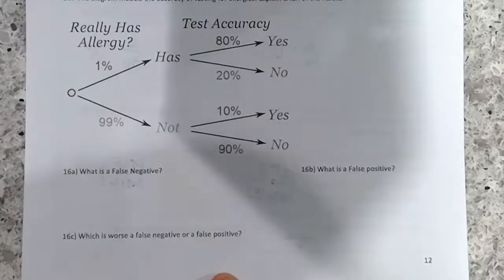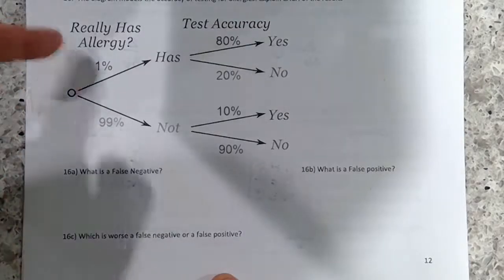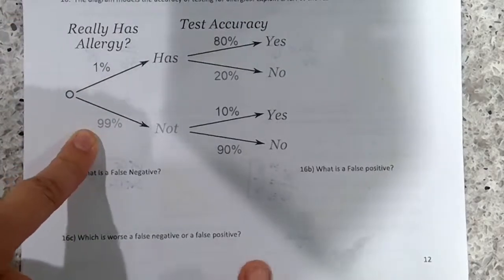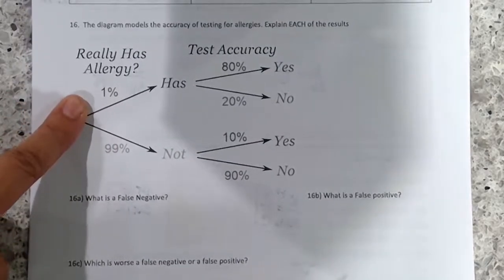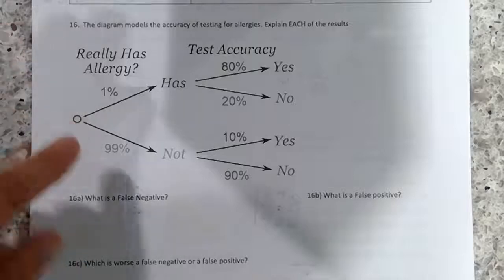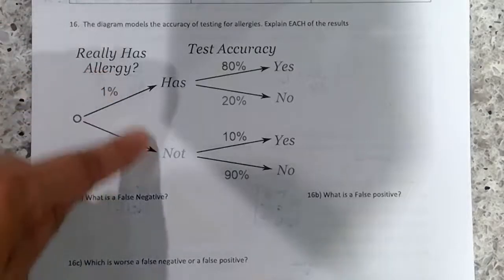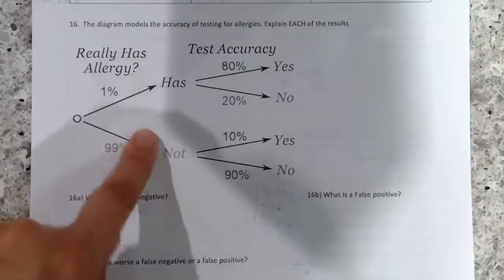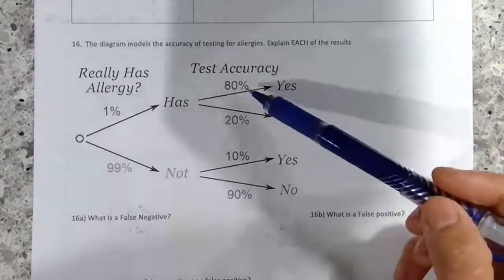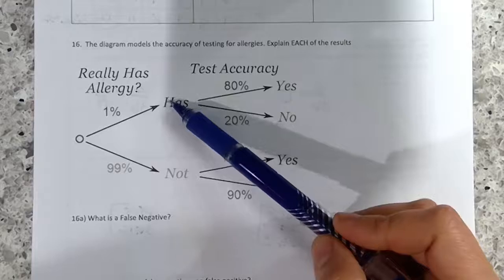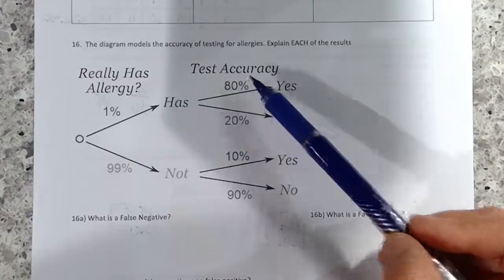Okay, so now, if you take a test, they're saying 99% of the people don't have allergies. 1% of the population does. And again, these are made up. But what does this tree branch have to add up to? 100%. Got it. Now, the accuracy of the test. The accuracy of the test, if you have an allergy, is 80%.